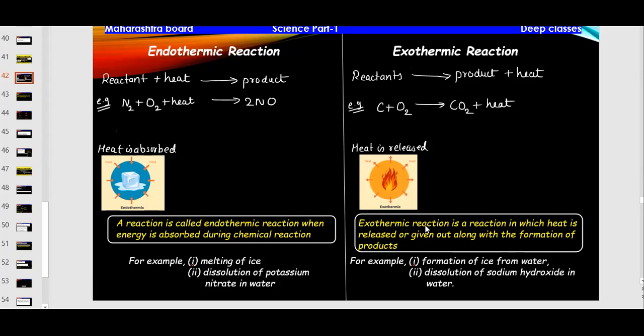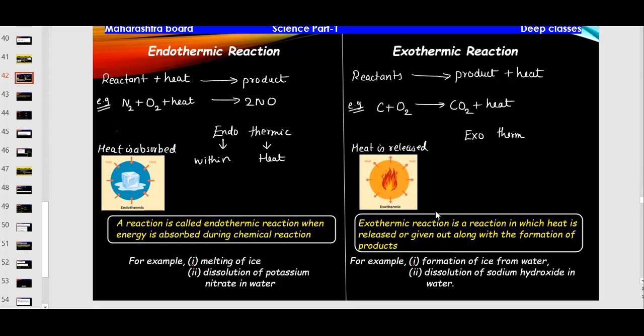Endo means within heat. What is the meaning of endo? Endothermic. Endo means within. Thermic means heat.